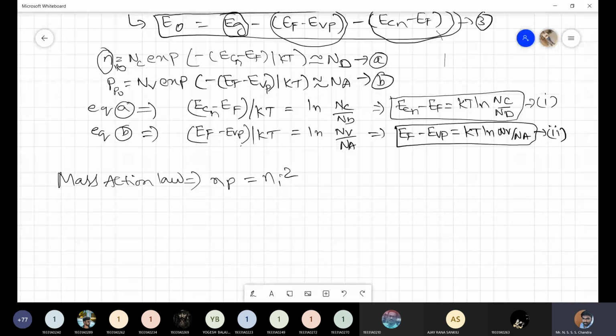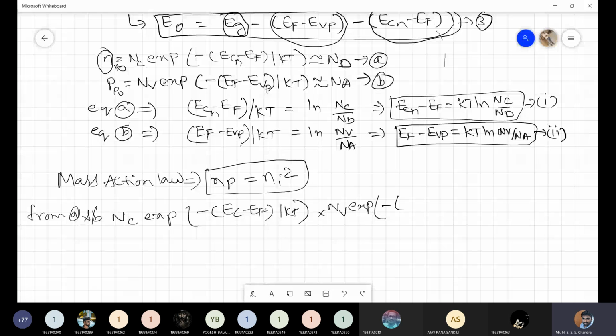If you use equations A and B in this expression, it will turn into NC exponential of minus of EC minus EF by KT into NV exponential of EF minus EV by KT equal to n_i squared.